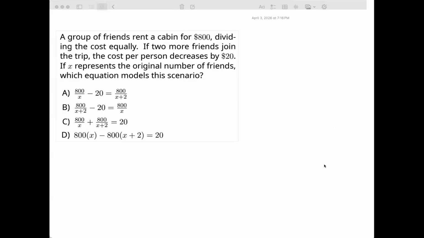Avni, that's right. Shrikar, that's right. Arush, that's incorrect. Akshada, I'm waiting for your answer. Think about this, Arush. 800 by x will be bigger, or 800 by x plus 2 will be bigger?